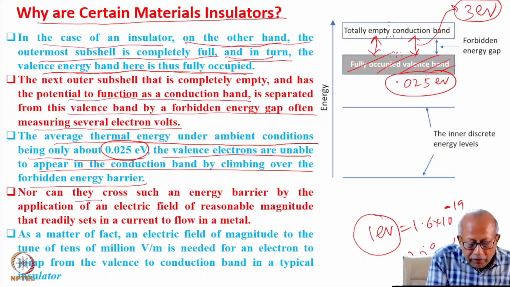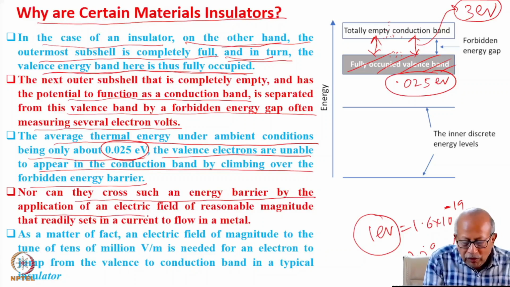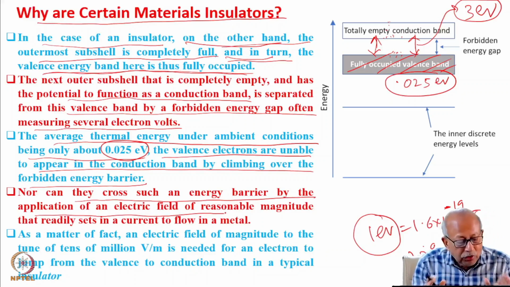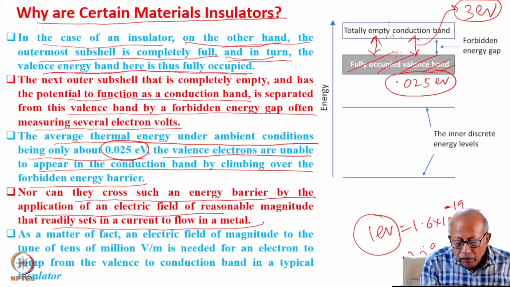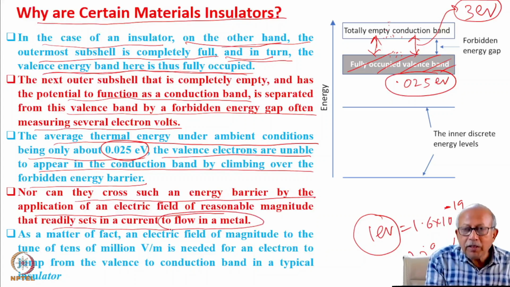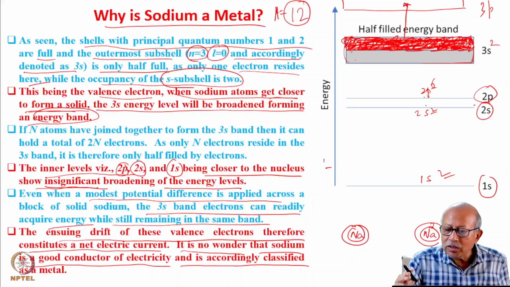Nor can they cross such an energy barrier by the application of an electric field of reasonable magnitude that readily sets in current to flow in a metal. In a metal, this is empty.